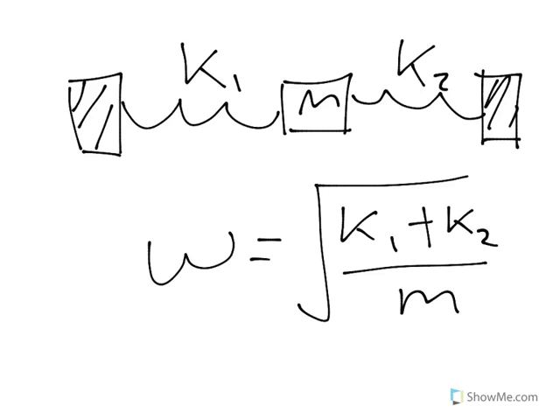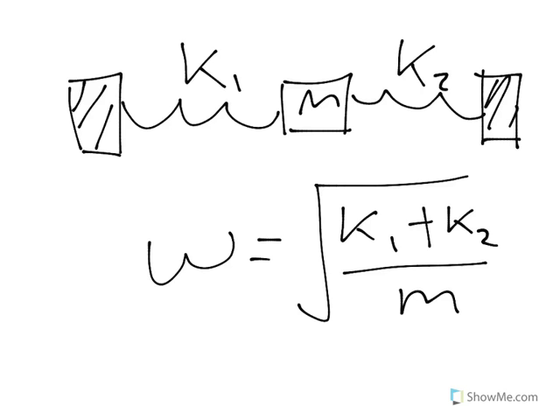So if we consider that K2 tends to 0, that means that the spring constant of that spring tends to 0, that means it's not very springy. And as it tends to 0, it actually means that the spring kind of doesn't actually exist. It doesn't have any spring attributes at all.